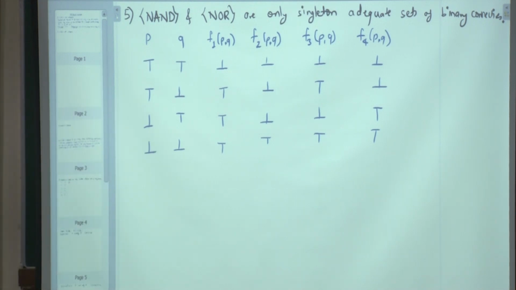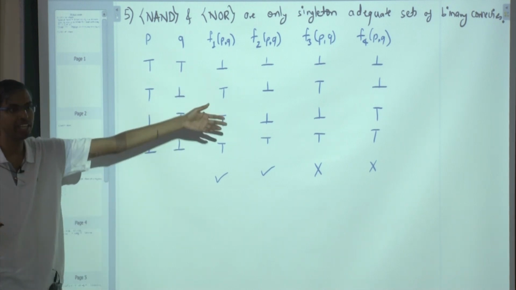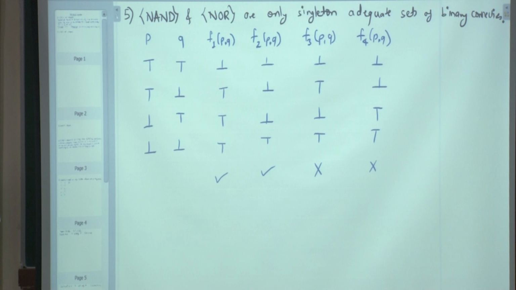Done. So this is not a hard problem to solve. So these 2 are and these 2 are not. What is the argument here? Consider F3 and F4. Their columns consist of exactly half trues, half falses. Done. There is no other thing necessary.